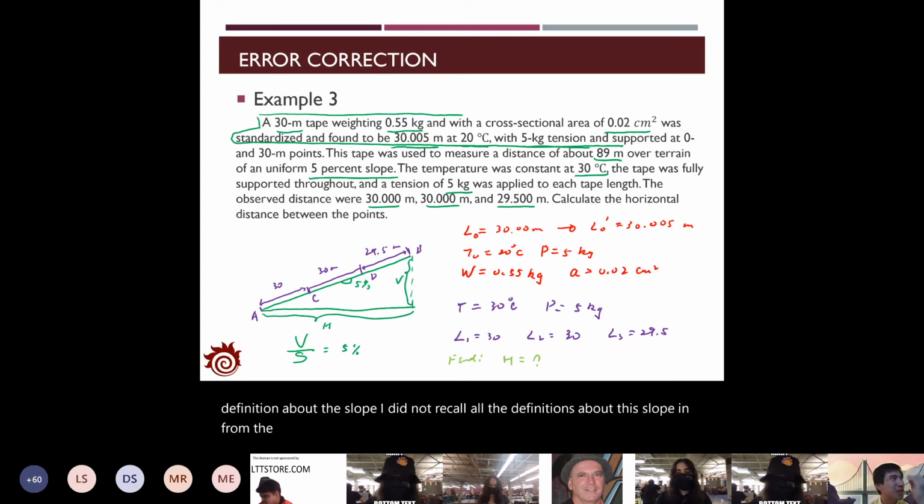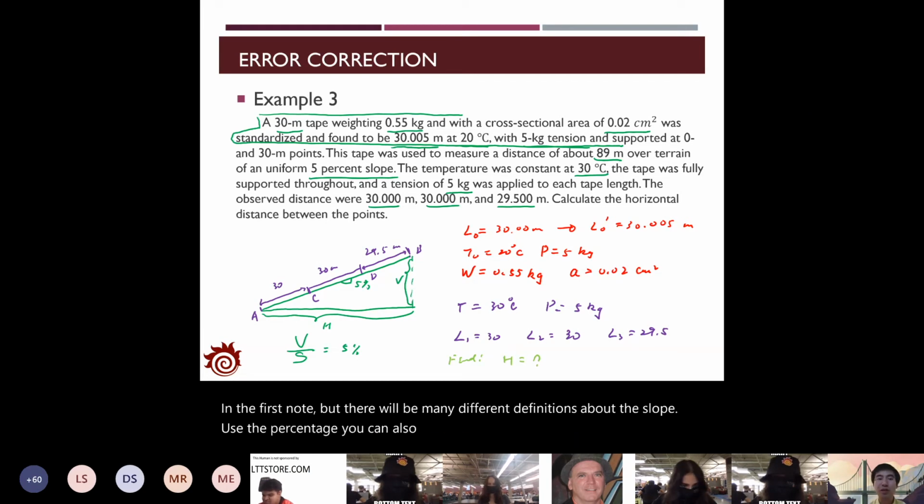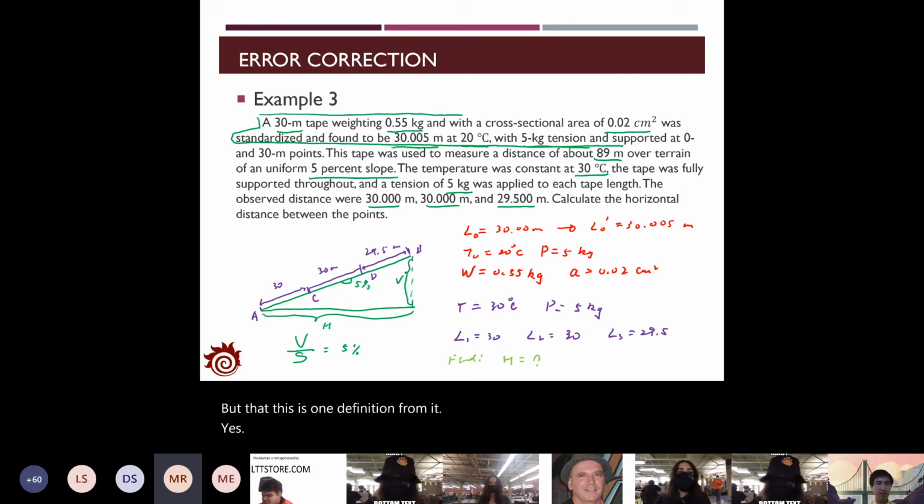This is one textbook I shared with you in the first note. But there are many different definitions about the slope. You can use the percentage. You can also use the angles to show the slope. But this is one definition from it. Oh, all right. So slope here is vertical over the actual slanted distance. Yes, yes.